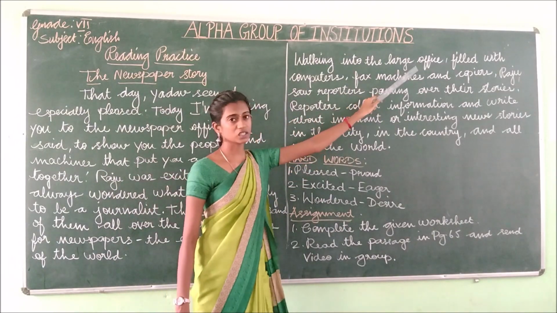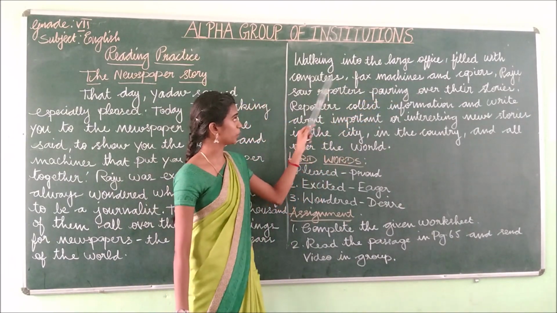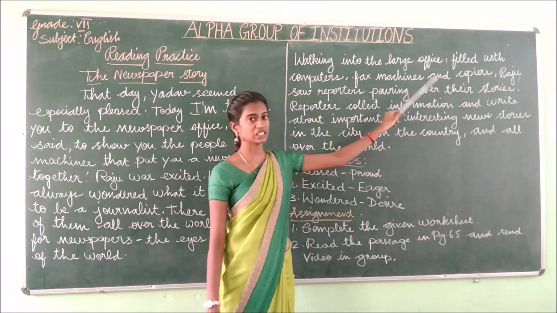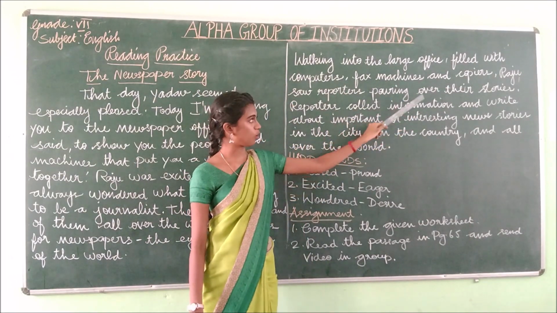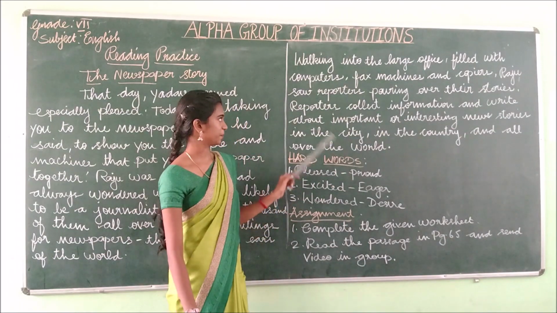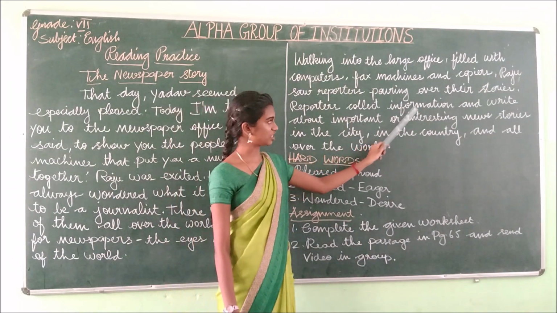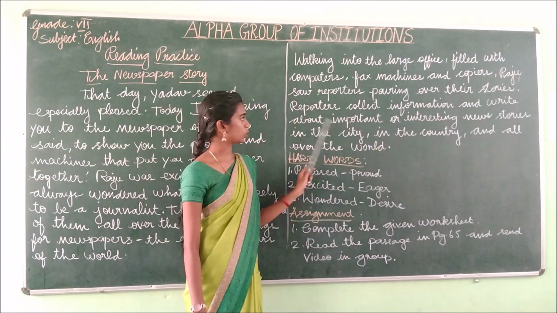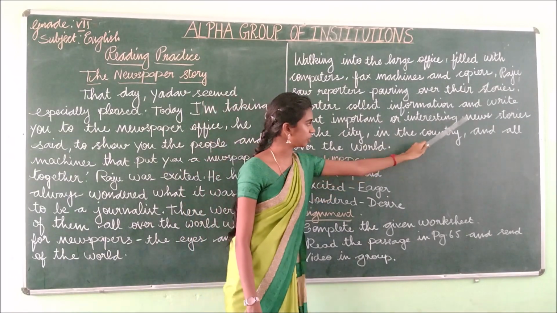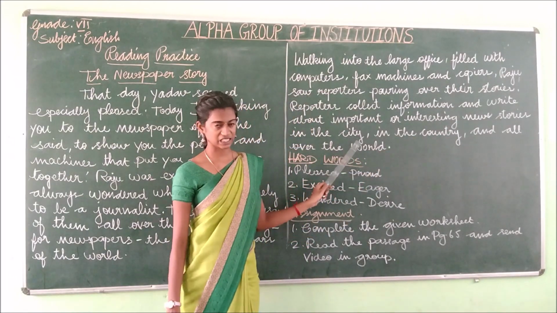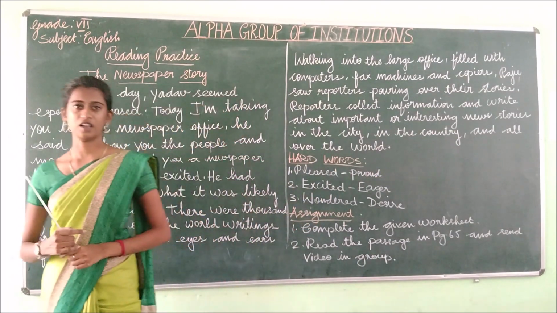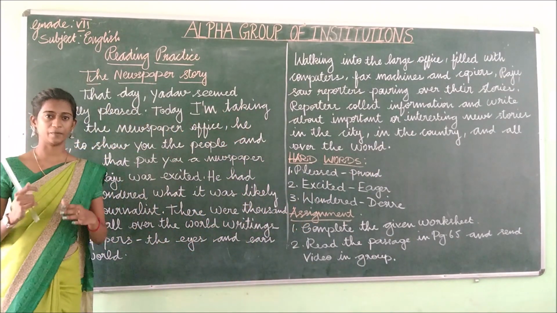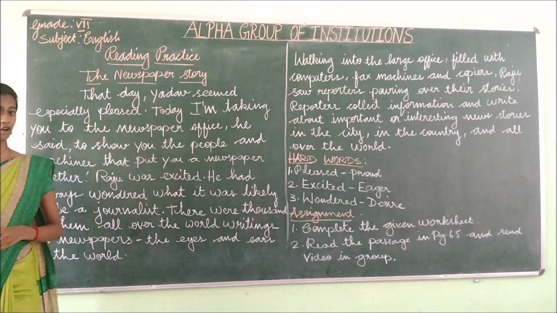Walking into the large office filled with computers, fax machines and copiers, Raju saw reporters poring over their stories. Reporters collect information and write about important or interesting news stories in the city, in the country, and all over the world. Okay, students, now let us read the meaning of this passage.